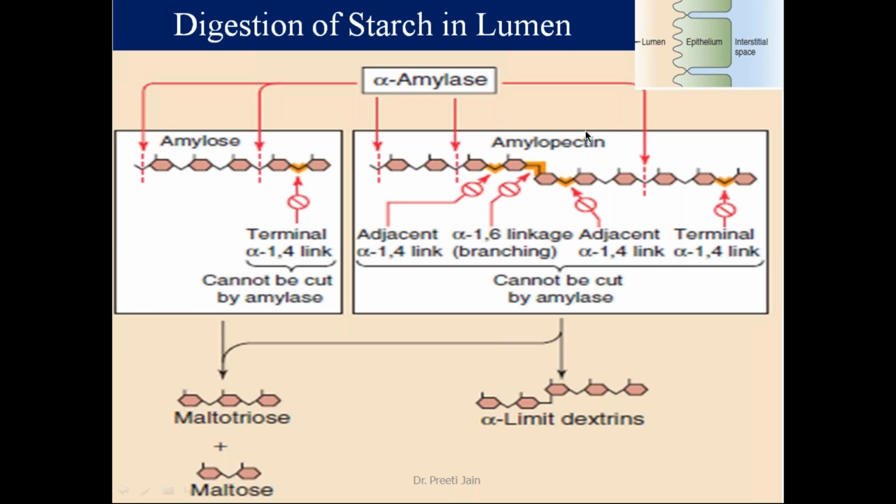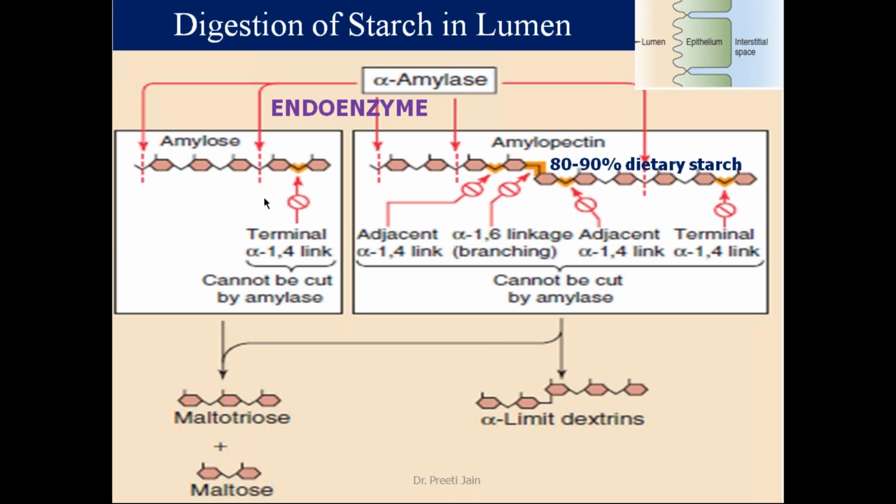Amylopectin comprises this 80 to 90% of the dietary starch. Alpha amylase per se is termed an endoenzyme. Why? Because it is acting on the interior bonds, the 1,4 alpha linkages on the inner side.